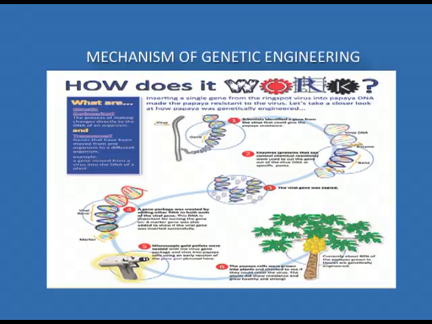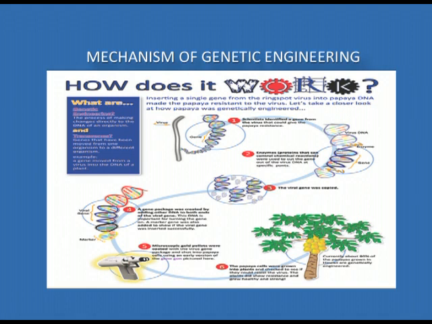You can see three examples here. The first example is insertion of a ringspot virus gene into a papaya plant. Now, ringspot virus causes disease in papaya, but the resistance gene is present within the virus itself.